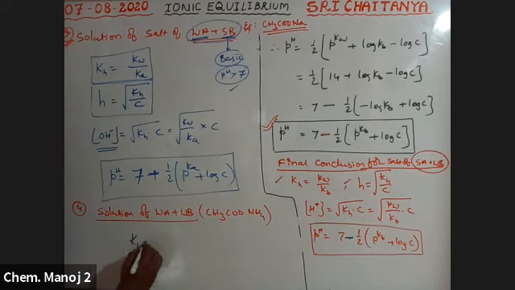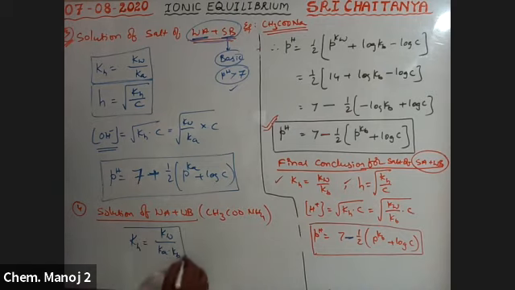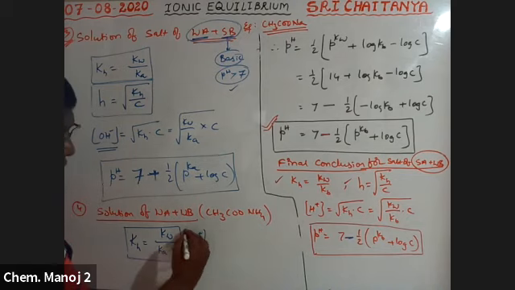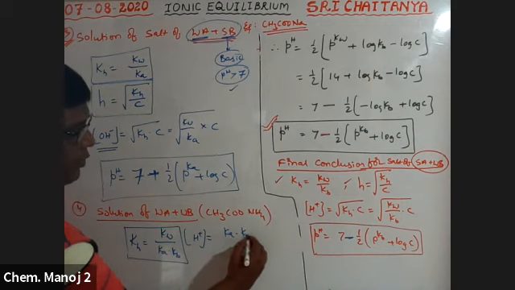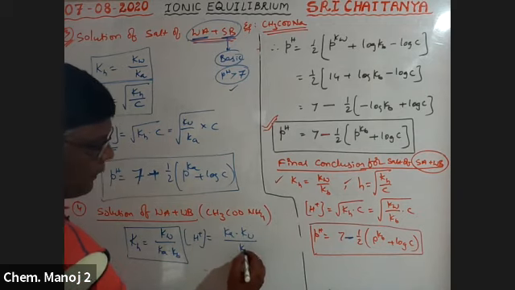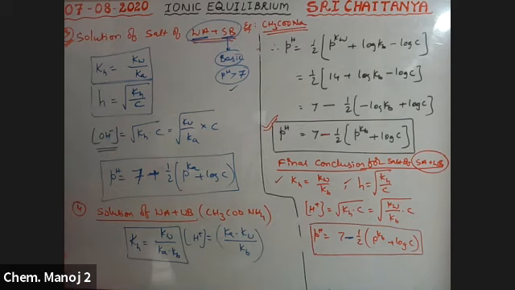Therefore, here Kh is equal to Kw by Ka into Kb. Next, H plus concentration is equal to Ka into Kw by Kb whole power 1 by 2. You should derive it.